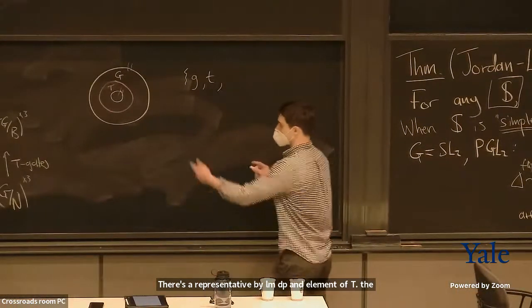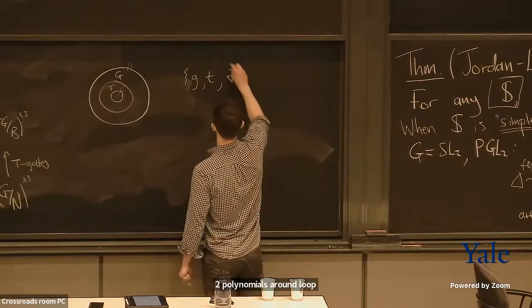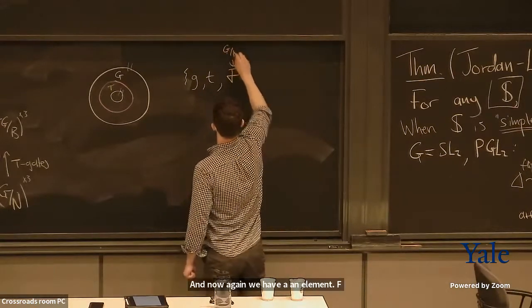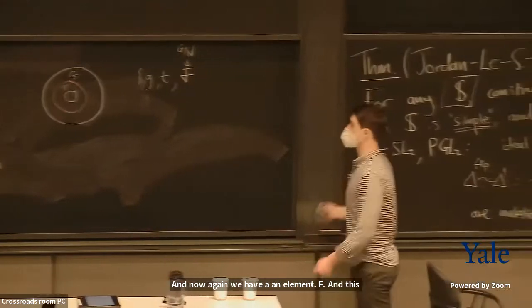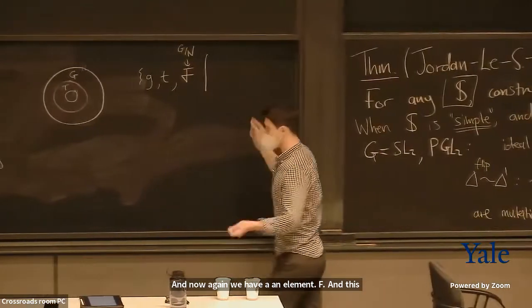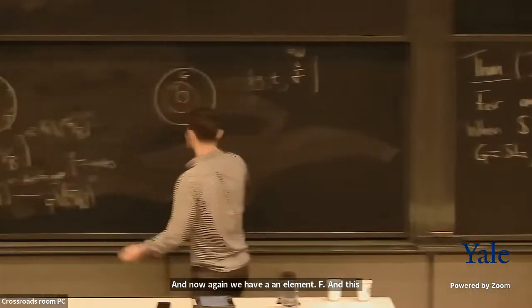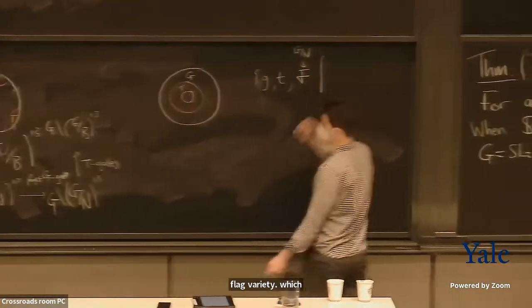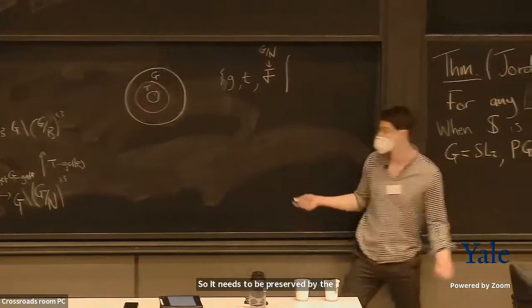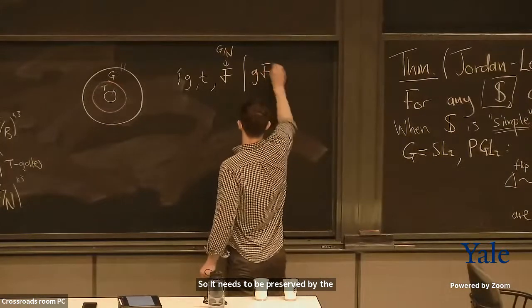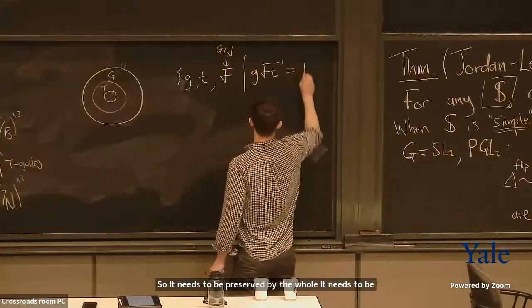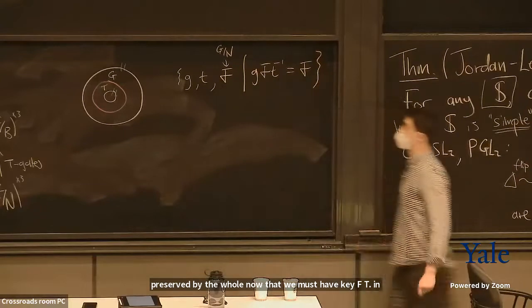And now, again, we have an element F in this principal flag variety, which, for this to be a reduction, needs to be preserved by the holonomy of the G cross T local system. In other words, we must have G F T inverse is equal to F.